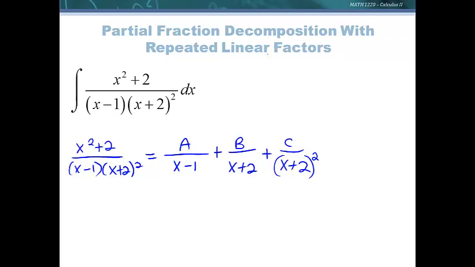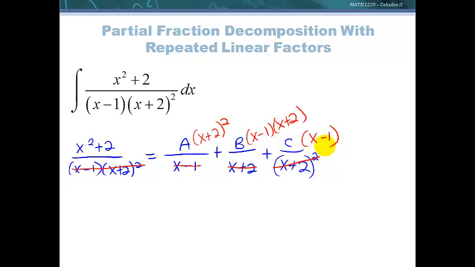If we clear the fractions, multiplying everything by x minus 1 times x plus 2 quantity squared, that would disappear here. The x minus 1s would go here, and we'd have left an x plus 2 squared. One of the x plus 2's would go here, and we'd have left an x minus 1 and an x plus 2. And the x plus 2 squared would go here, and so we would have left x minus 1.